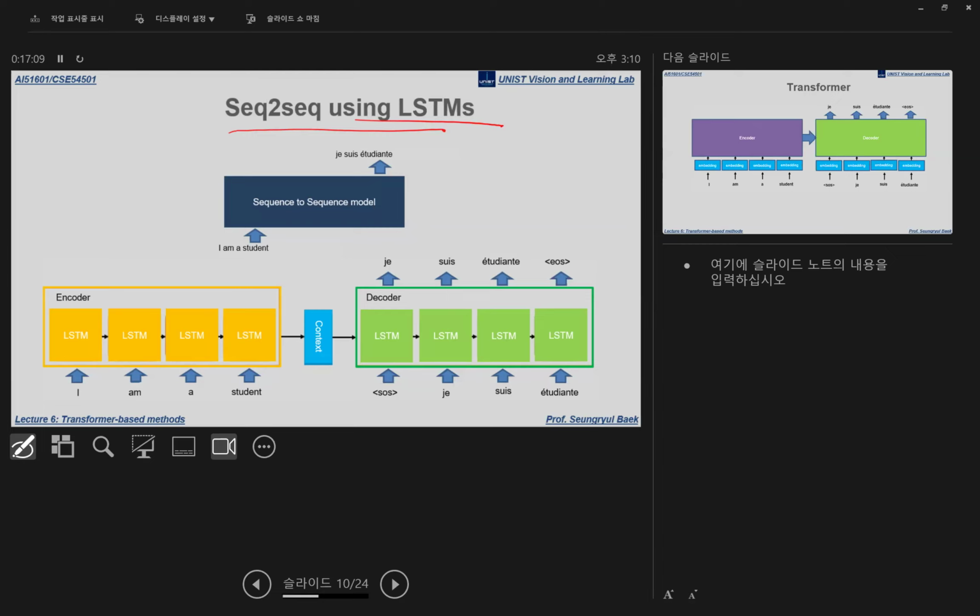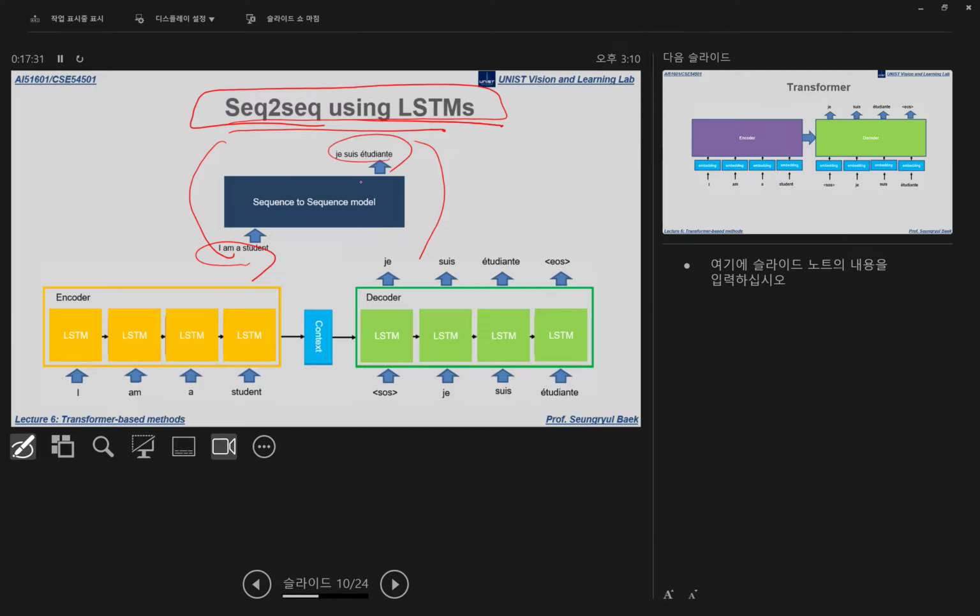Okay, and next we have to see that using this type of LSTM, we can do translation. For example, this is a sequence to sequence model that can translate an English sentence to a French sentence.